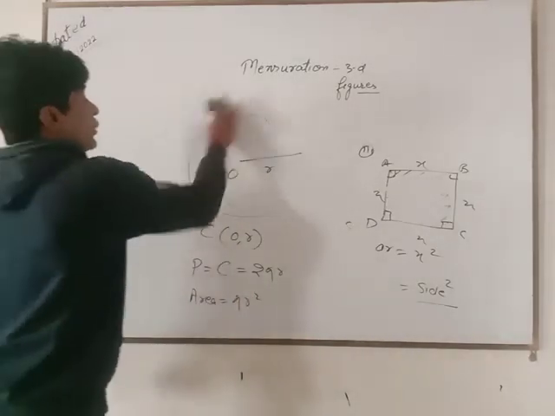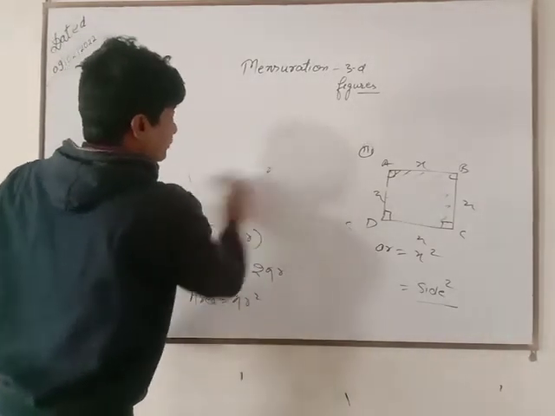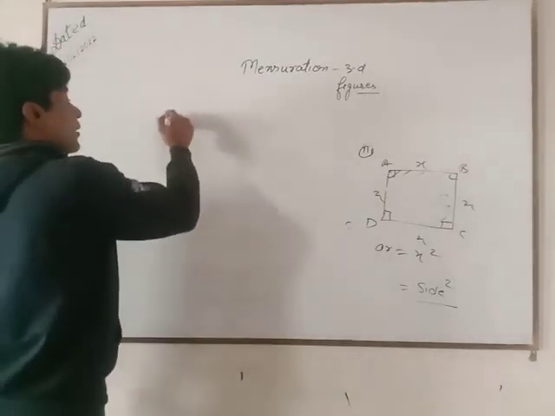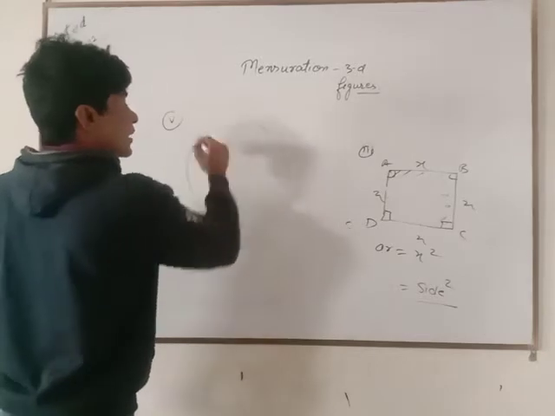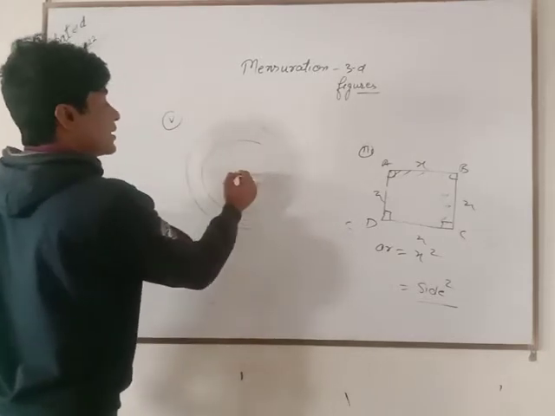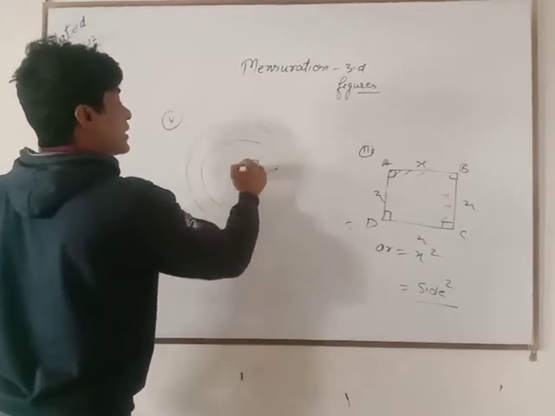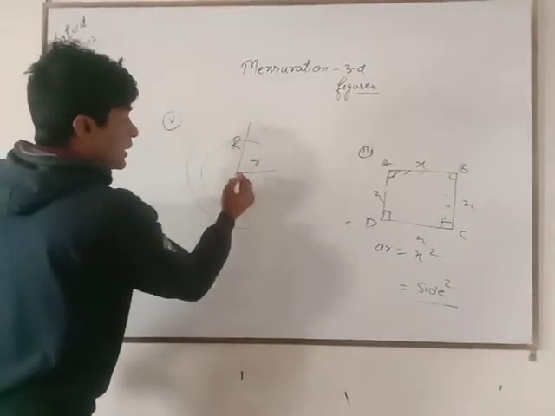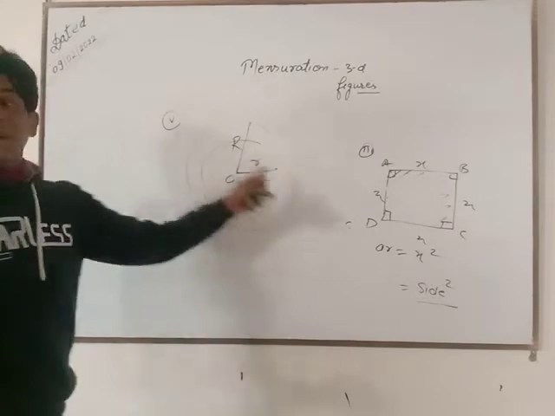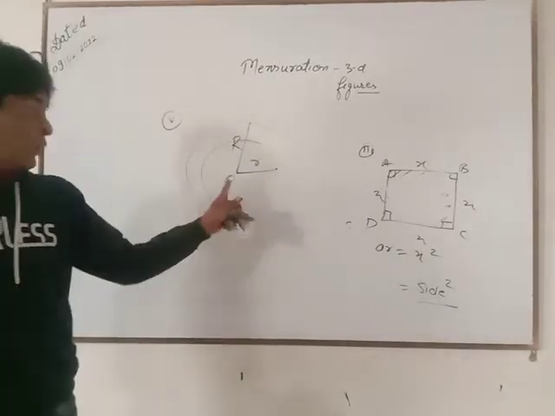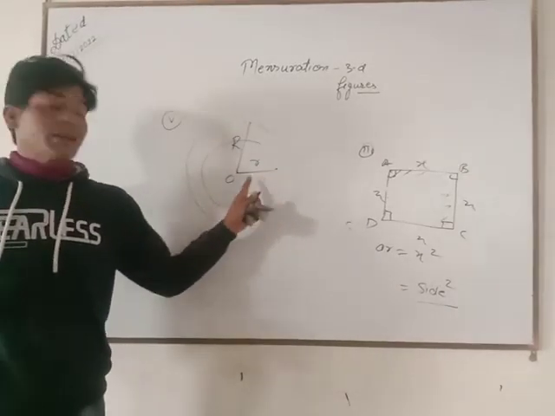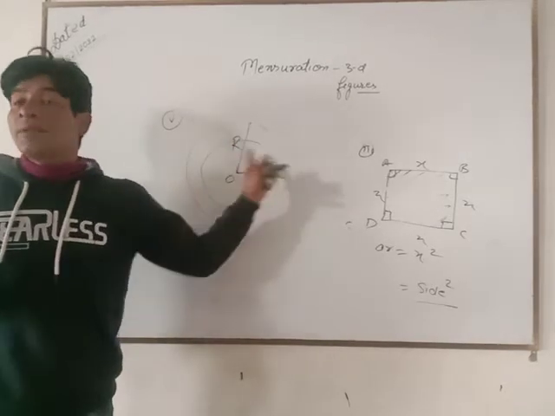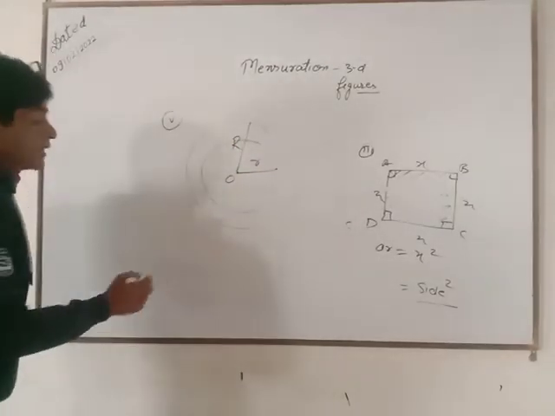Now the fifth thing you have to understand is the ring. Suppose that these are two concentric circles, small radius r and capital radius R, right? This is center O, both circles having the same center O. Here the small circle with small radius r and the big circle with big radius capital R are taken.